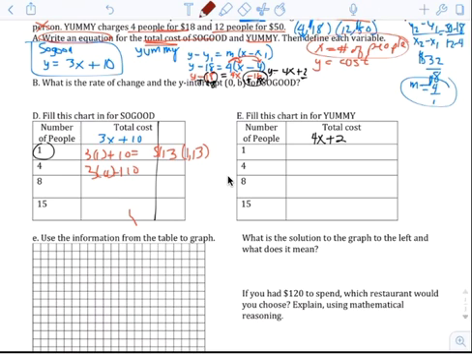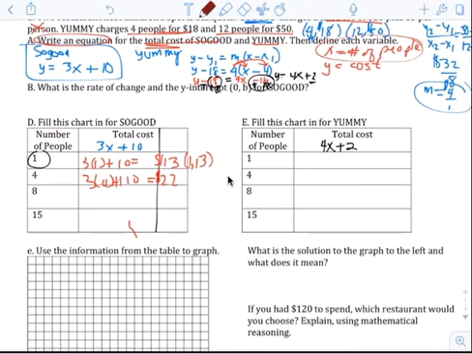If you put it in a calculator, you get $22. 3 times 8 people plus 10, put it in your calculator, you get $34. Put it in your calculator like you see it.